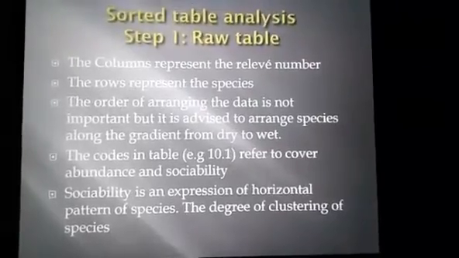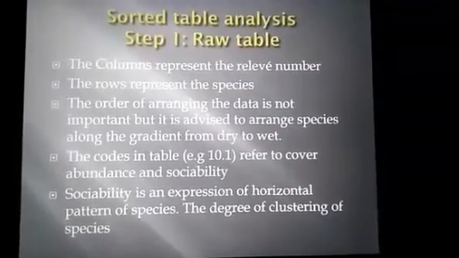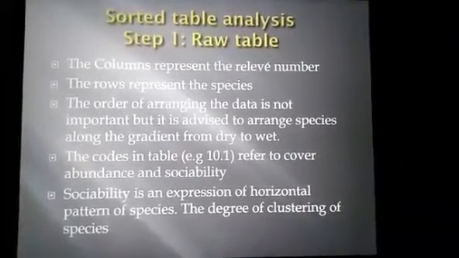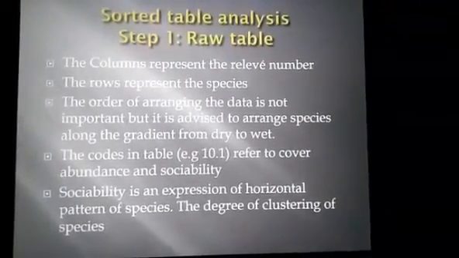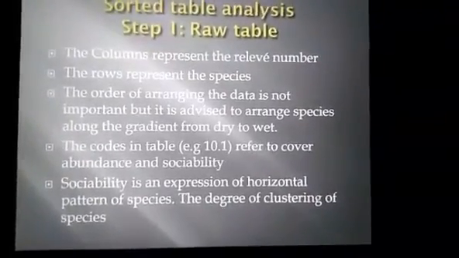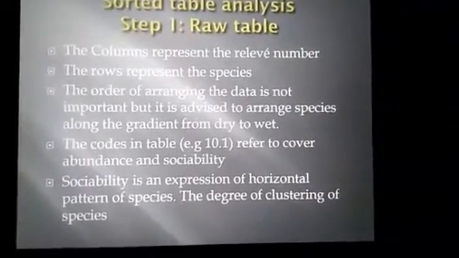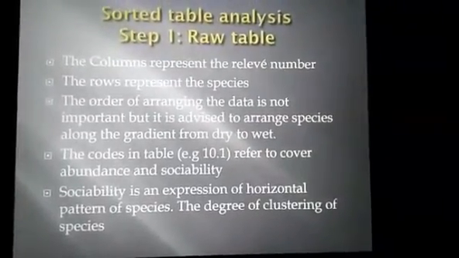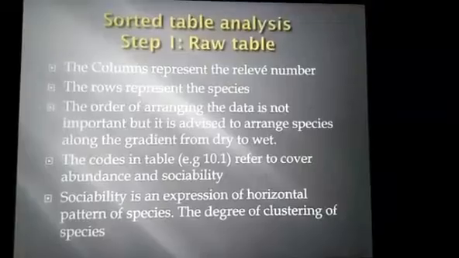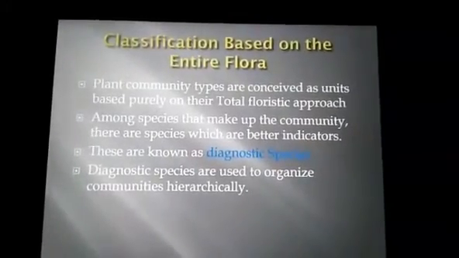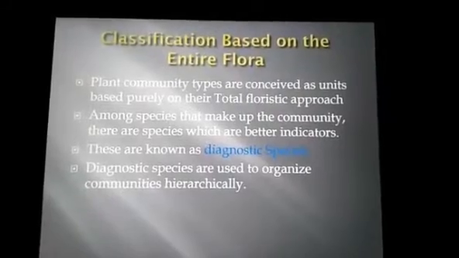The code in the table which will follow will refer to cover abundance and also sociability. And sociability is just an expression of the horizontal pattern of the species and the degree of clustering of species. Then we have the classification based on the entire flora.